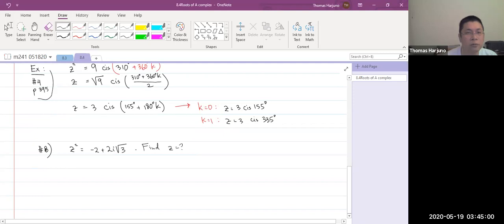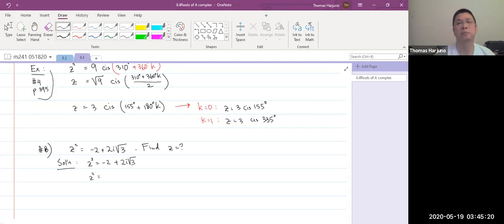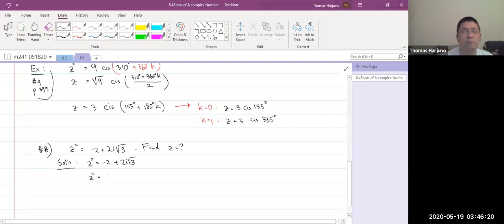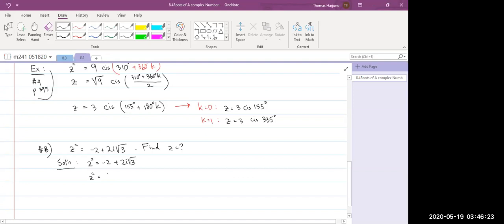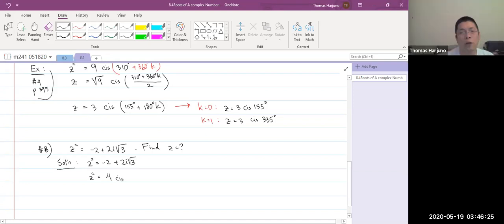Solution: write negative 2 plus 2i radical 3 in trigonometric form first. Okay, one minute. What's the radius? 4. Radius is 4.